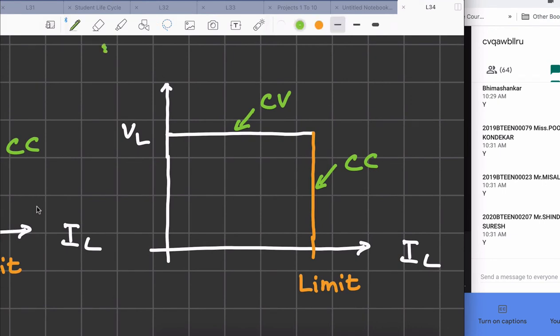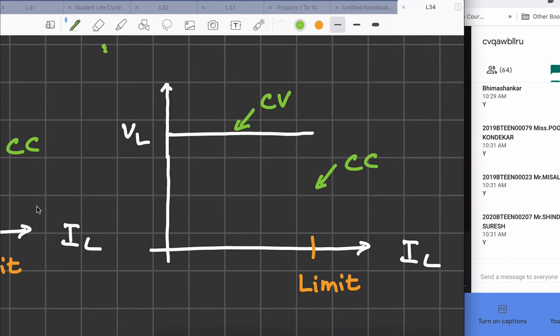So here what is different is this. This particular portion is the same, limit is also the same, constant voltage area is the same, load voltage constant, everything is there, but the behavior of the power supply, I repeat, the behavior of the power supply when the current limit is crossed is different.